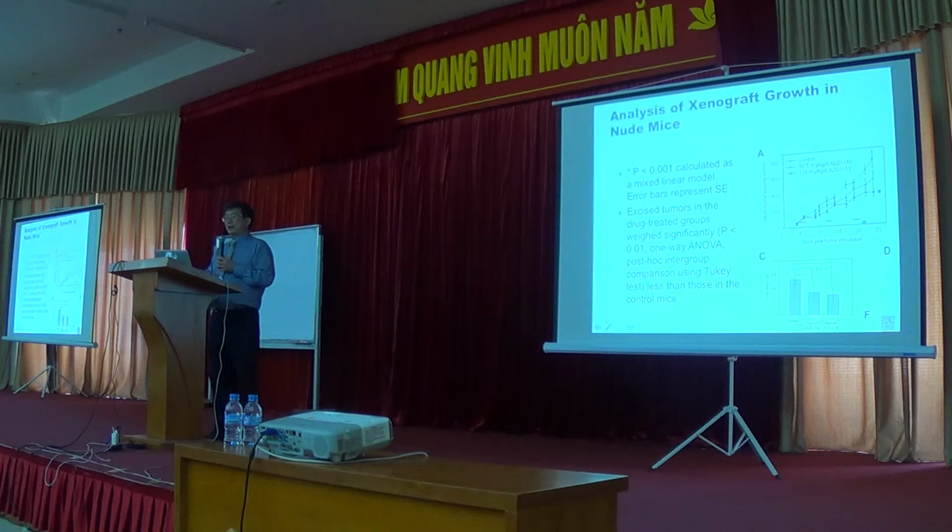Now, how do I analyze the growth curve of these tumors and evaluate whether the drug is doing anything in suppressing the tumor growth? What statistical test can I use? Okay.